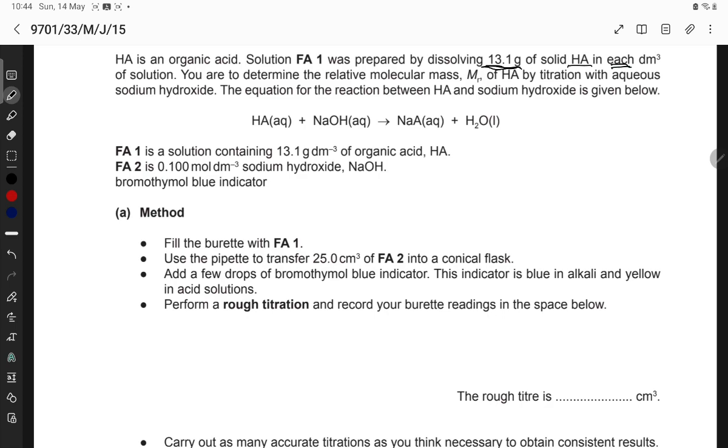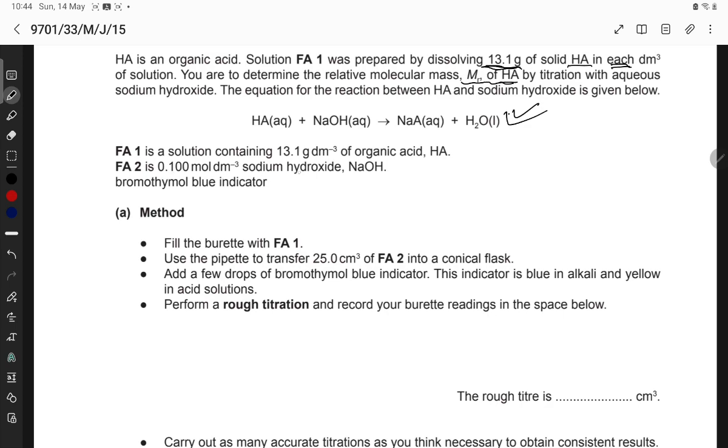You are to determine the relative molecular mass Mr of HA by titration with aqueous sodium hydroxide. The equation for the reaction between HA and sodium hydroxide is given. This is also very important and it is used in calculation.